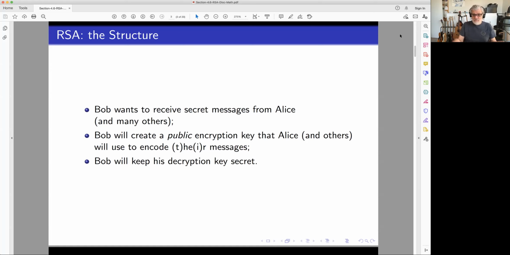Eve will have the public encryption key. However, Bob has a decryption key. So these two things are different. The encryption key and the decryption key are different, obviously, and that's the whole trick. So how do you create different keys?